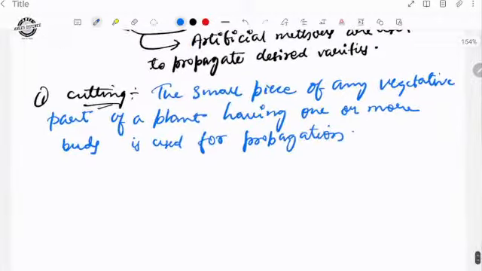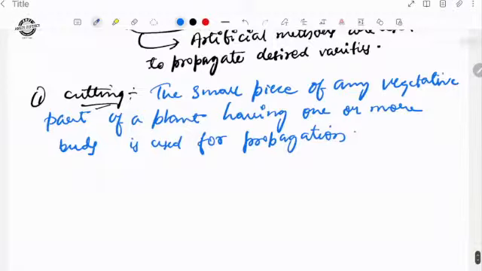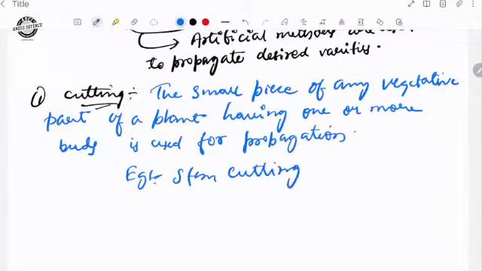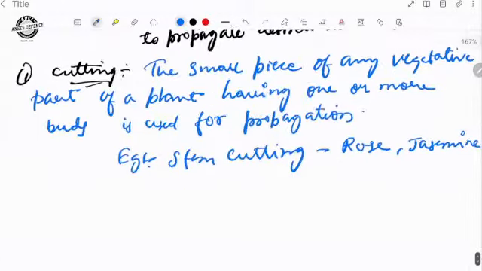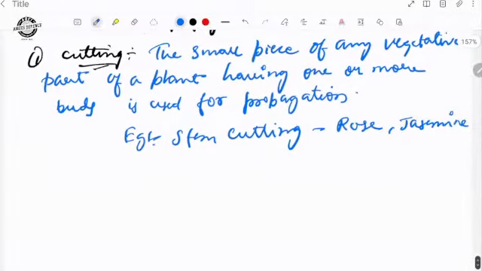Understood? Example we can write as, in stem cutting we use roses to cultivate. In stem cutting we are using rose, jasmine. These are the examples from your NCERT book. You should remember. Understood?